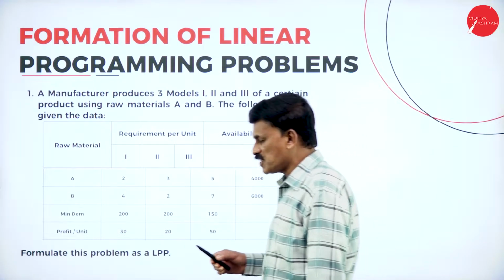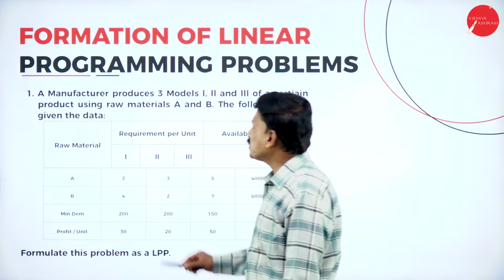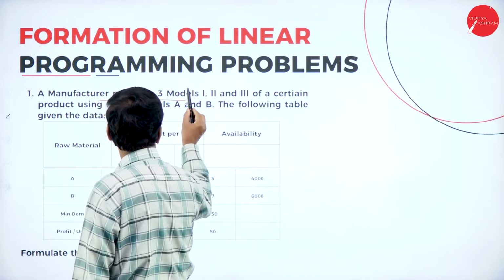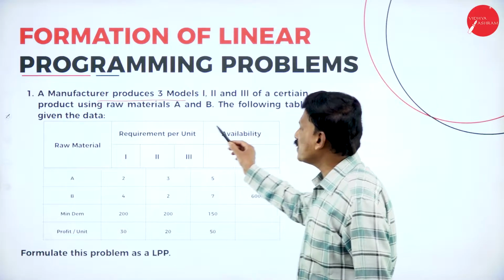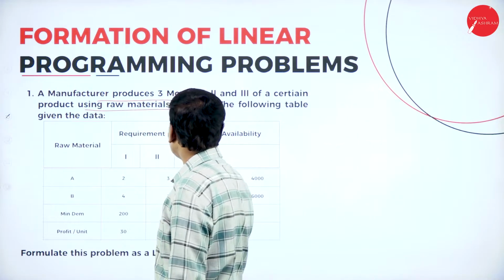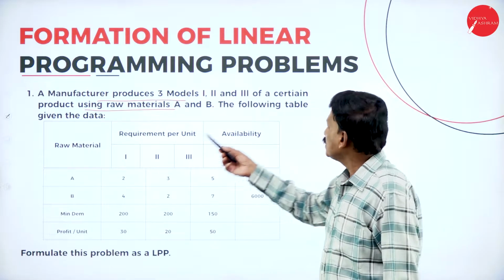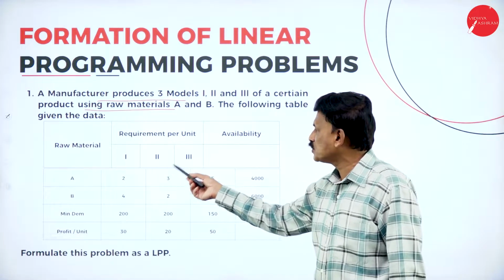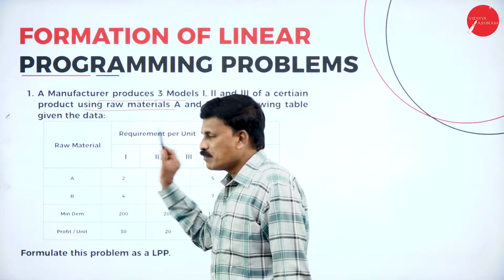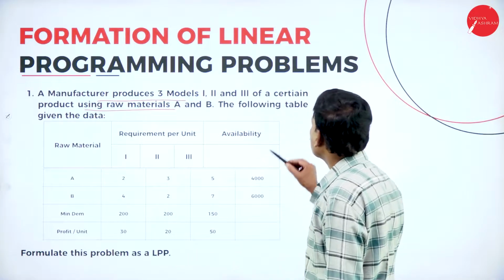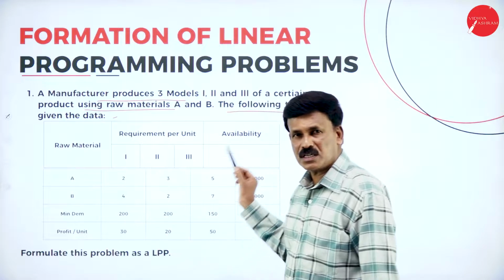Now let us come to the first problem. What is the first problem given? A manufacturer produces 3 models, model 1, 2 and 3, of a certain product using the raw materials A and B. The following table will give the data.